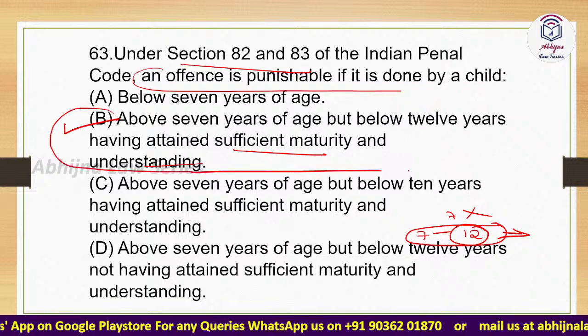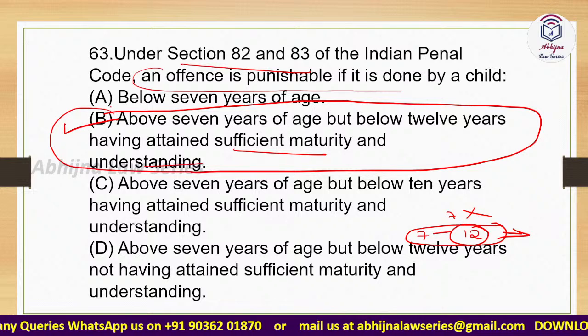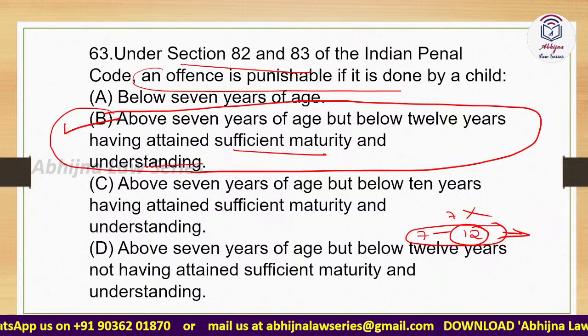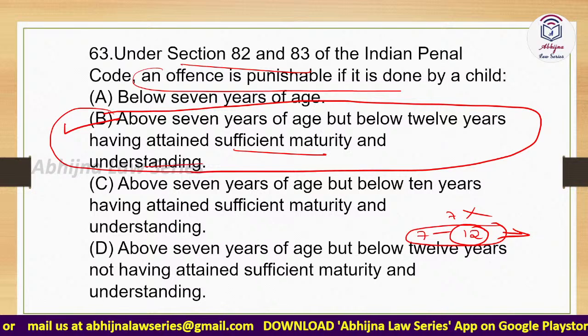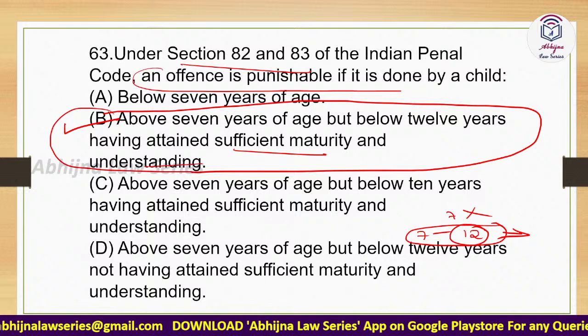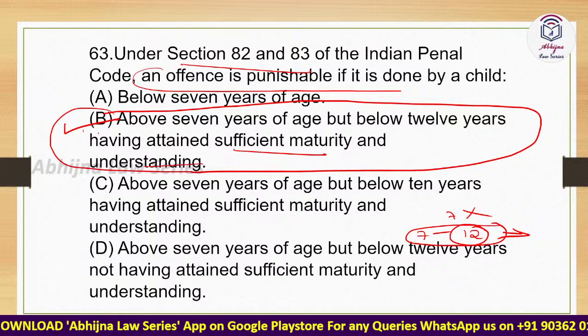That is why it is said to be qualified immunity. If they do not understand the nature of what they are doing, then they are immune. But if they understand what they are doing and still continue to do that particular act, then definitely that is an offence. So B is the answer here.